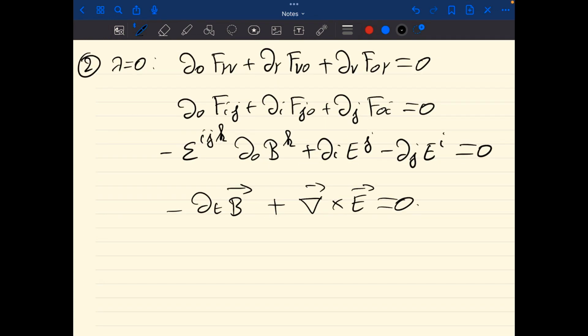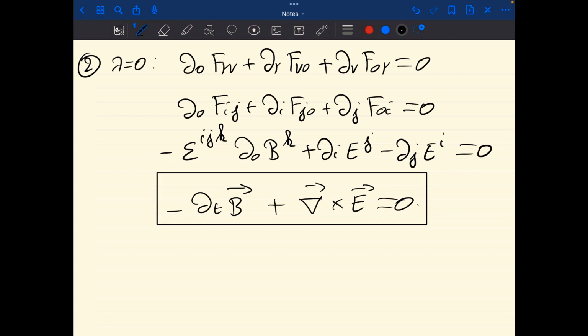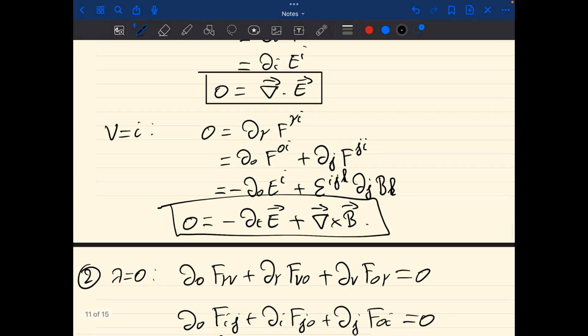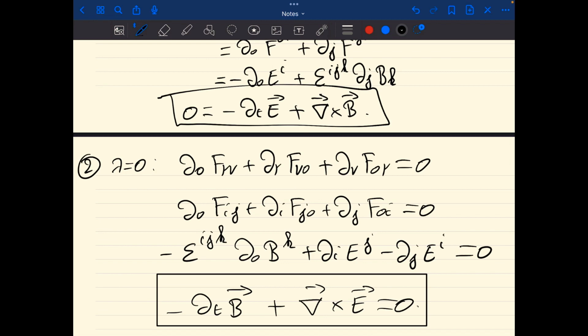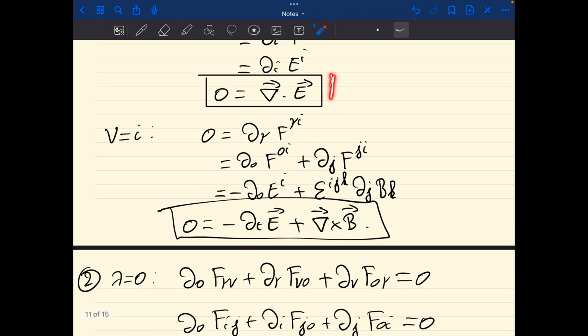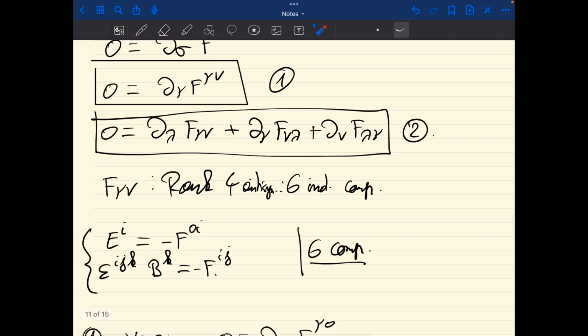So we have now our third Maxwell equation here, with that source. And the last one, if we look at the three that we already have, would be the divergence of B equals 0.